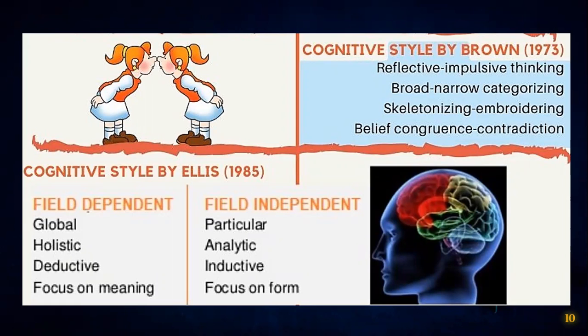The cognitive style by Ellis is classified in field dependent and field independent. The field dependent person is global, holistic, deductive, with a focus on meaning, while field independent is particular, analytic, and inductive, with a focus on form.